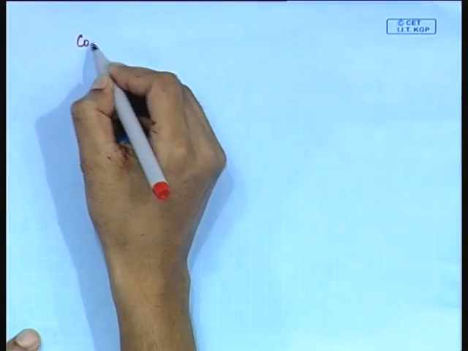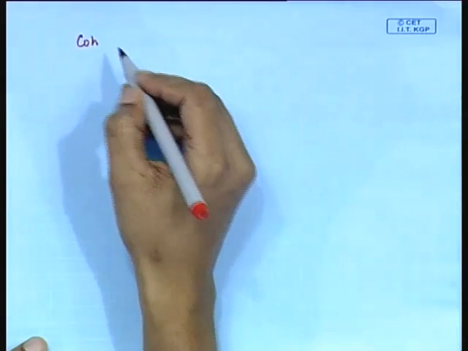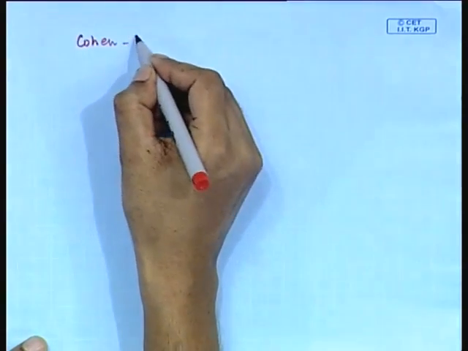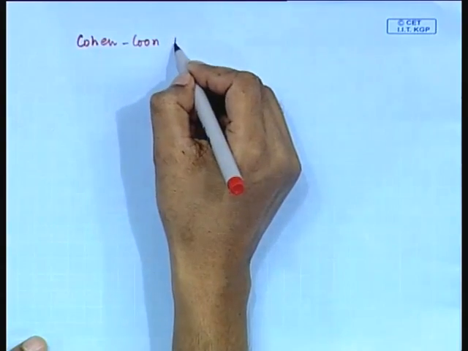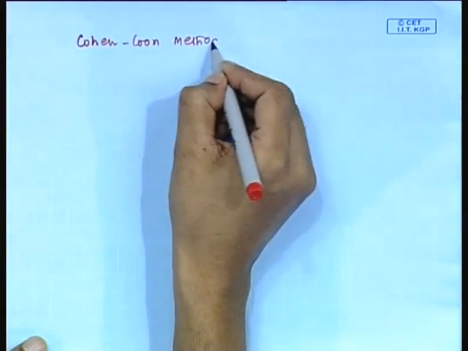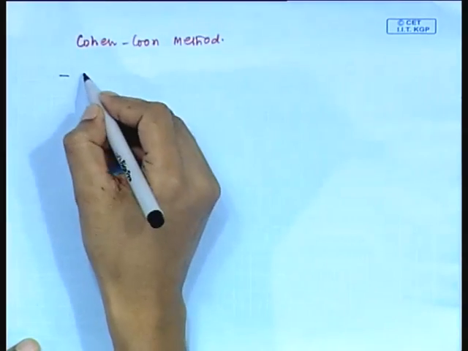So, next we will discuss one technique which is based on empirical rules, that is the Cohen Kun technique or Cohen Kun method. This method was proposed by Cohen and Kun. This is an empirical tuning method.